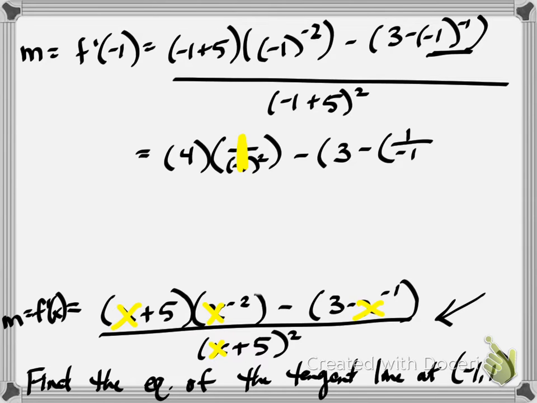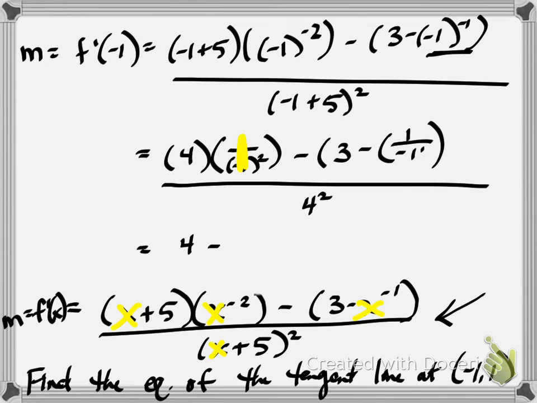That's 1 over negative 1 to the first, which is a negative 1. All over 4 squared. So that's 4 times 1 minus this right here is just 3 minus a negative 1, or 3 plus 1, all over 16. And 0 over 16 is 0.